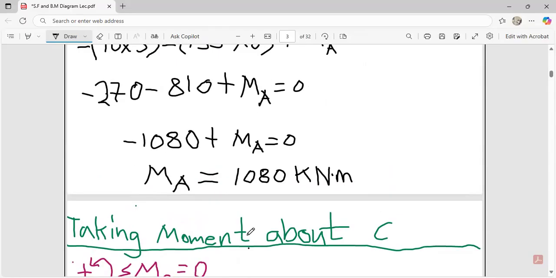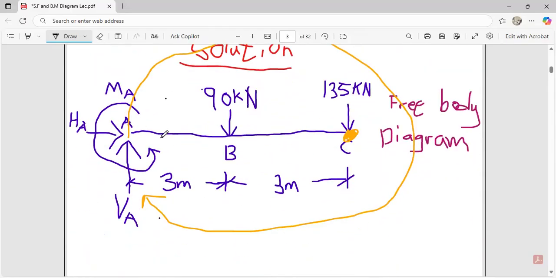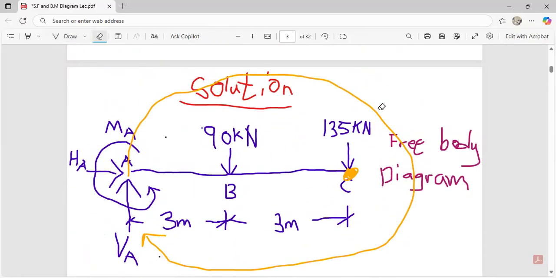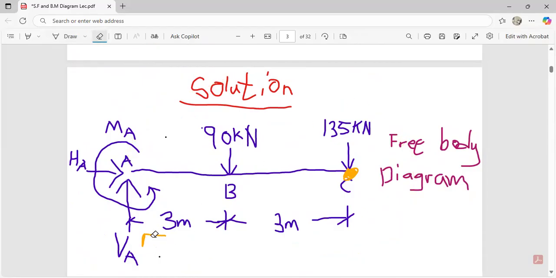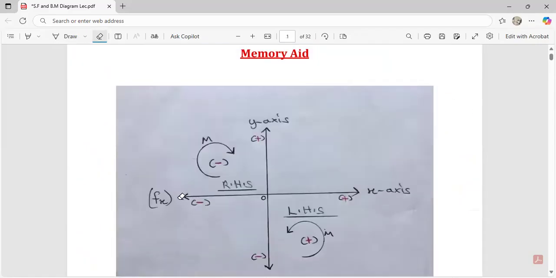Who else? Let's go back to our free body diagram. So when we come over here, what should we look out for? We should be looking out for a next point. But you realize that we've already taken the 90, we've already taken the VA. The HA is also a force we should consider. But looking at the direction at which the H is moving, let's go to our memory aid. What does our memory aid say?